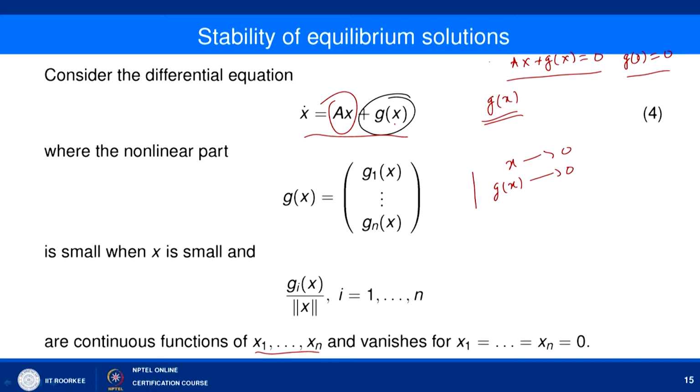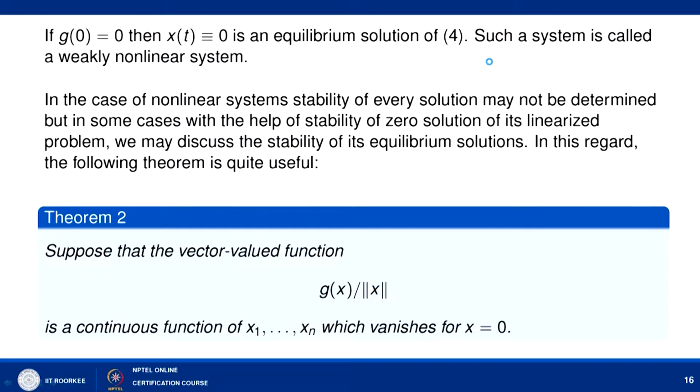The key point to note is that in the case of a nonlinear system, the stability of every solution may not be determined. That is the difficult part. In the case of a linear system, you can determine the stability of every solution, but in the case of a nonlinear system you cannot check the stability of every solution; rather, you can check the stability of an equilibrium solution.